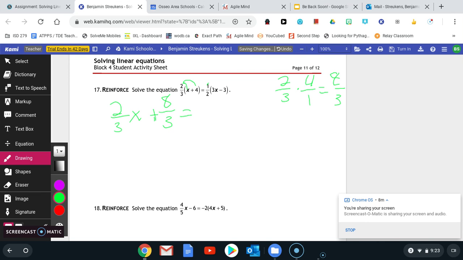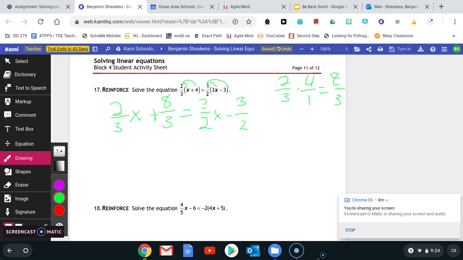And then we got to do the same thing to the other side. 1/2 times 3, well, 1/2 of 3 is 1.5. So I'm going to do 3/2 x minus the same thing, 3/2.